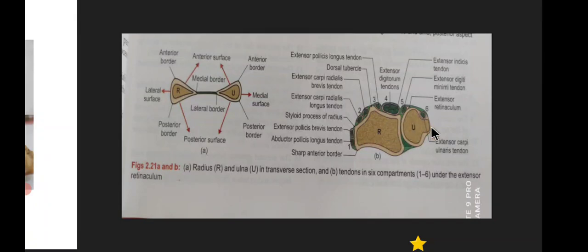In between the radius and ulna, there is the extensor digiti minimi tendon. So this part of the lower end of the radius is related with the tendons of the following muscles.